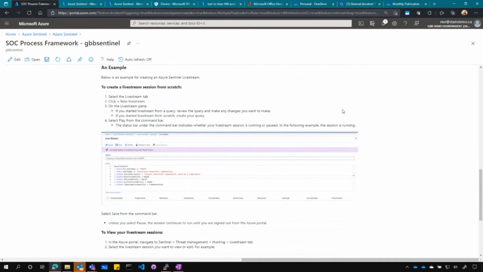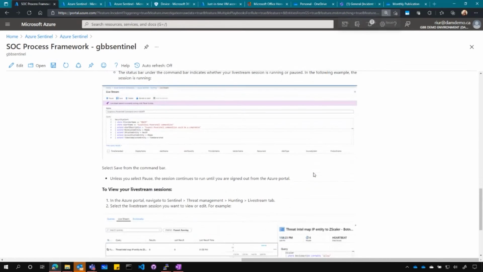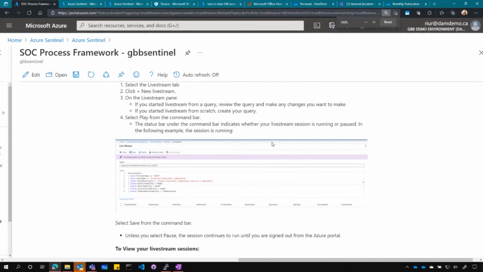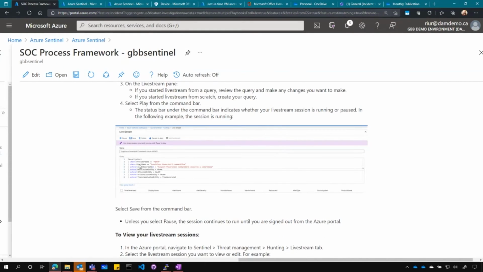Then we step into an example of how to create that live stream from scratch. I'll expand this a little bit so you can see as we dive in. This is leveraging security alerts, specifically Defender for Endpoint around a suspicious PowerShell command line.